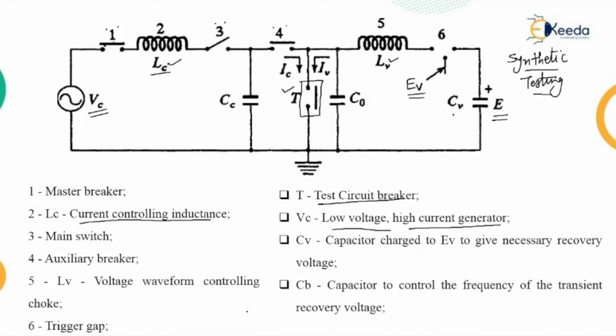CV, capacitor charged to EV to give necessary recovery voltage. So it means there are two sources available. CB, that is capacitor.